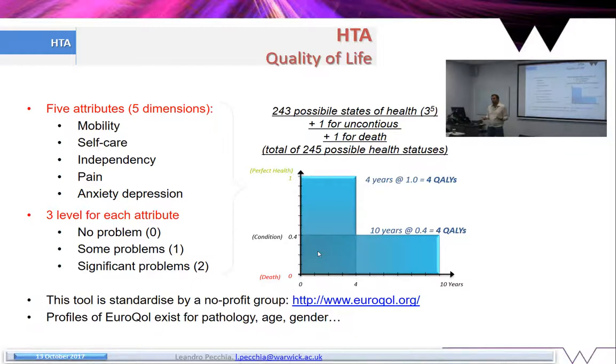You need a benchmark. As I mentioned before, I need to compare my intervention with an intervention for pediatric patients, children. If I have to do that, I need a scale, because that's the only way I have, because otherwise if I use a more specific clinical outcome, like blood loss, I cannot compare one case, which is a clinical intervention, with another case, which is rehabilitation.